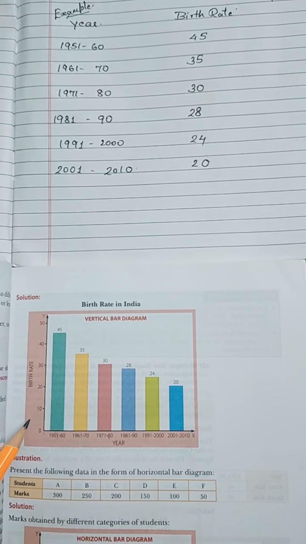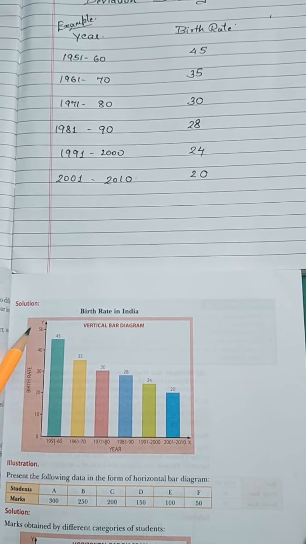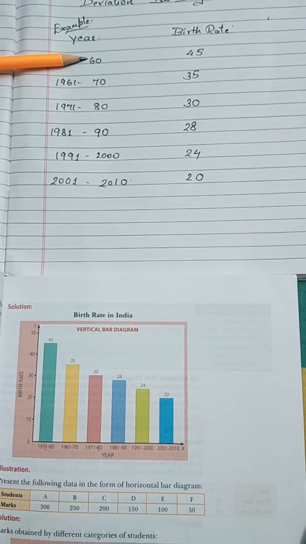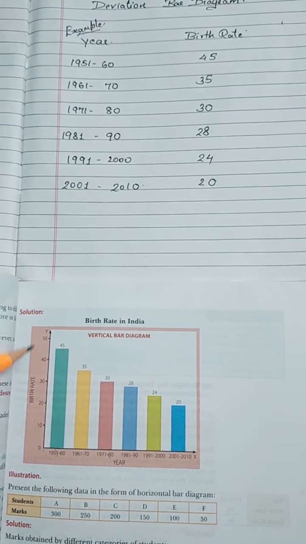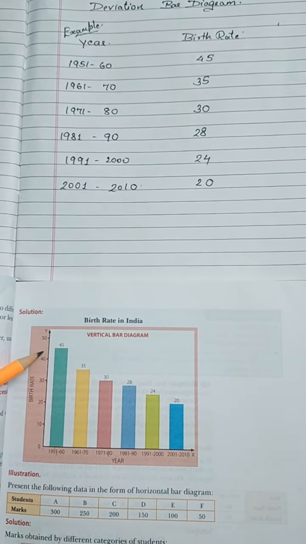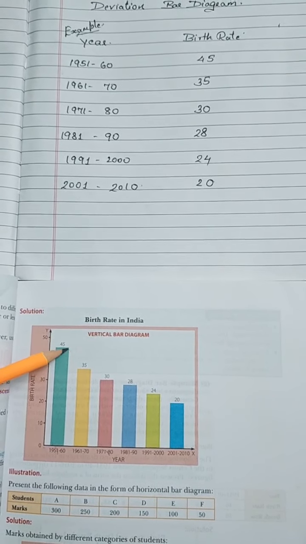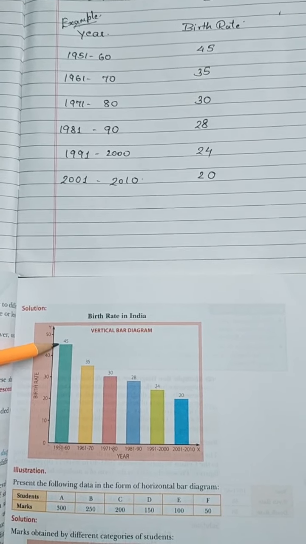Here they have taken a gap of 10, so 0, 10, 20, 30, 40, 50 are plotted. Now for 1951 to 60, the birth rate given is 45. 40 is here, so somewhat above it becomes 45. So here you will draw the bar up to 45. From 1951 to 60 you plot it as 45.